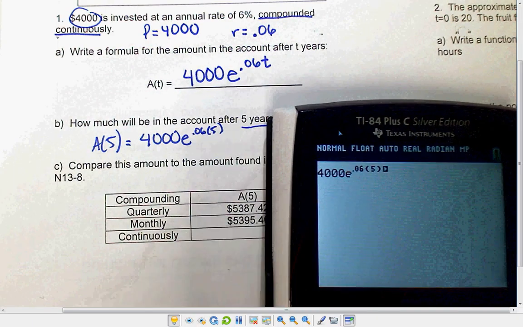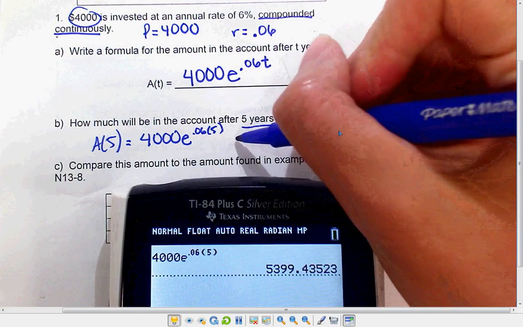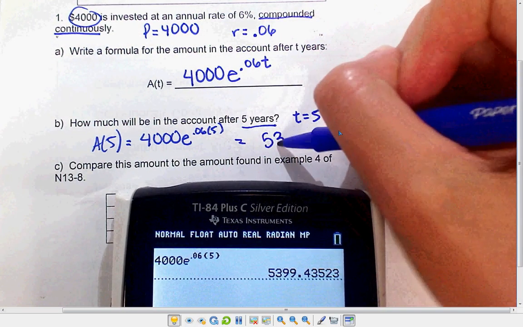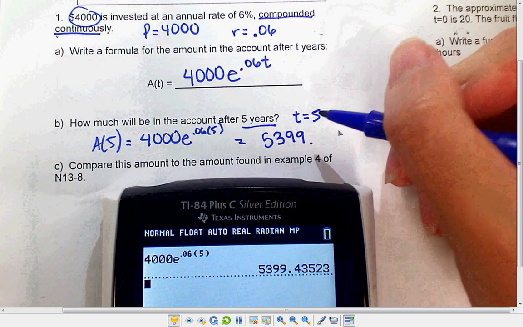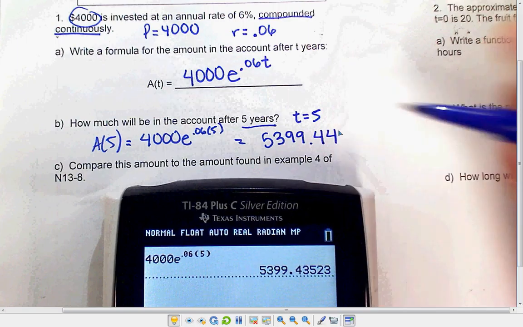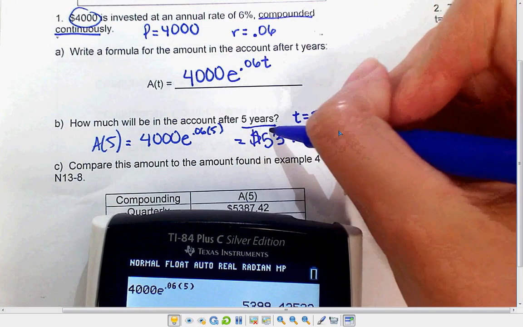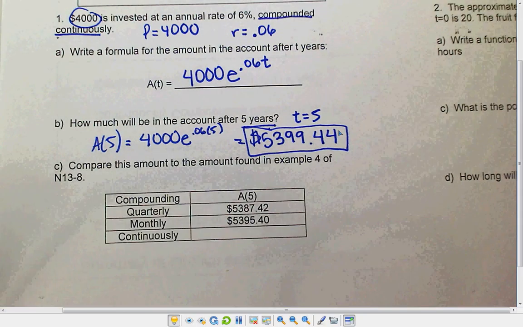Be careful, the 0.06 and the 5 are both exponents, so they should be up in the corner. Press enter. This gives me 5,399 point. Because this is measured in dollars, I'm going to round it to 2 decimal points, so 0.44. Units is dollars. This is how much money is going to be left in my account after 5 years.